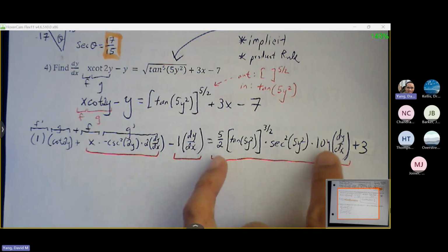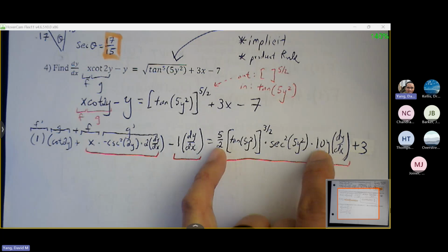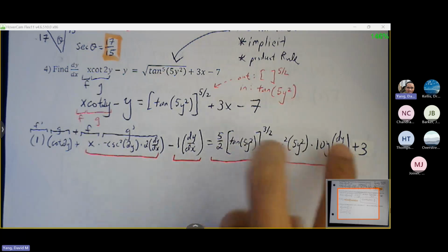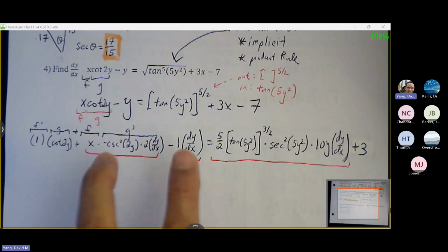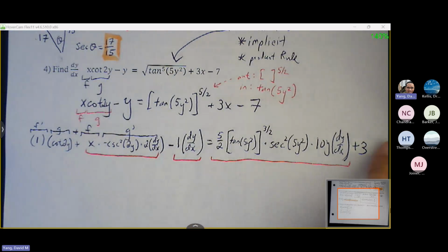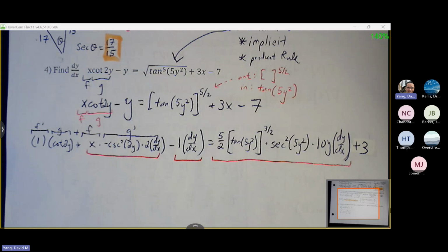So I'm just doing a little bit of cleanup here. I made this 5 halves times 10 as 25. I like to pull the non-trig in front. So I'll move this over to the left side, keep these on the left side, and then the cotangent, the 2y, and the 3 will go on the right side.